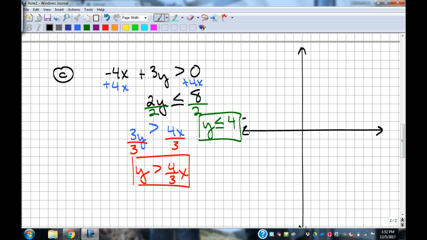Let's graph the green one first. Y is less than or equal to 4. What do I do? Dotted or solid? Solid horizontal line. Solid because it has an equal to mark.